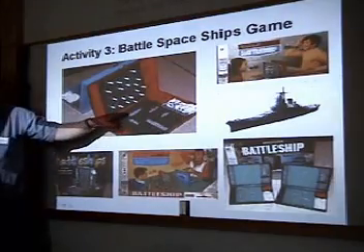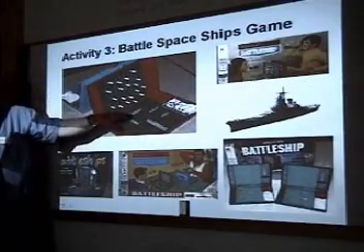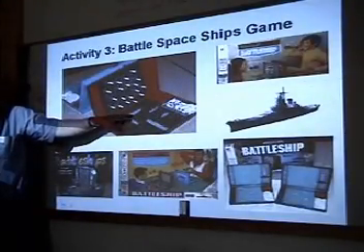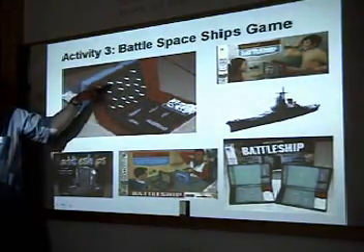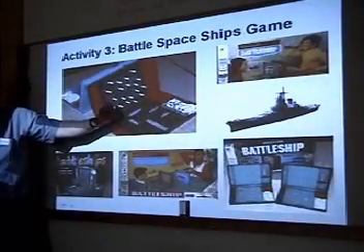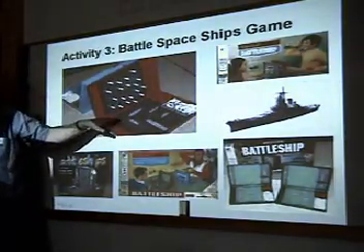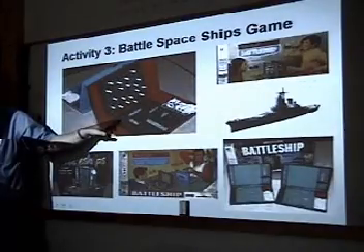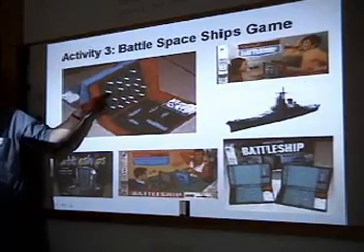So you call out a coordinate like A6. And if the person has a ship there, then they say hit. You hit my ship. And then you put a red mark showing that's where part of their ship is. And then if you call another coordinate, A1, and there's no ship, they say miss. A1, miss. And then you use a white marker here.